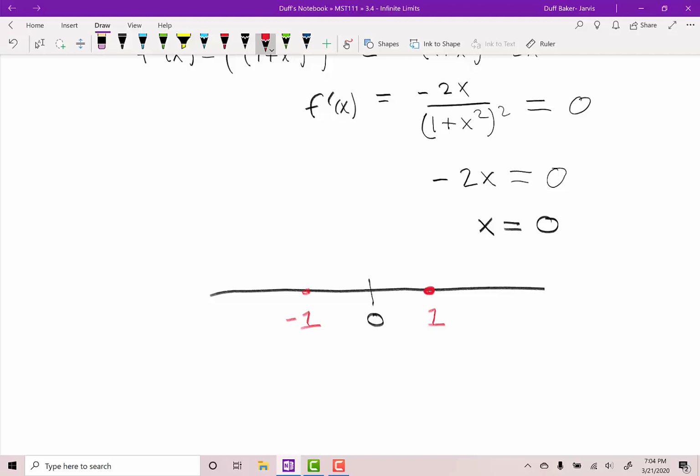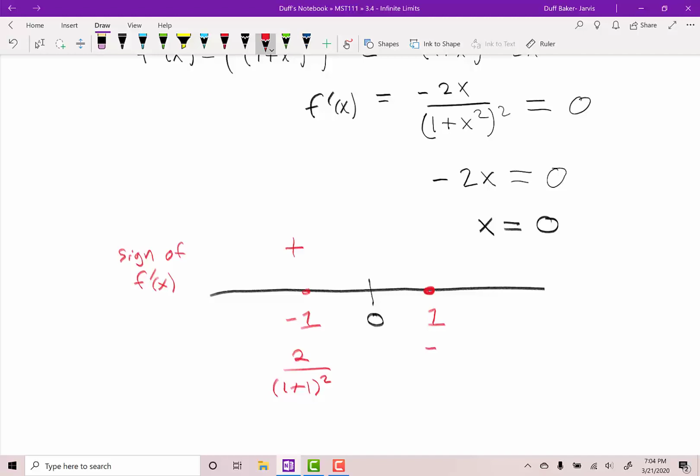So if I plug minus 1 into the derivative on the left, remember we're analyzing the sign of f prime. So to the left, that would be positive 2 over (1 plus 1 squared) squared. So that's a positive number.